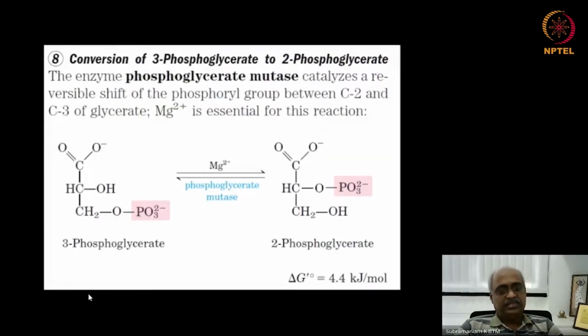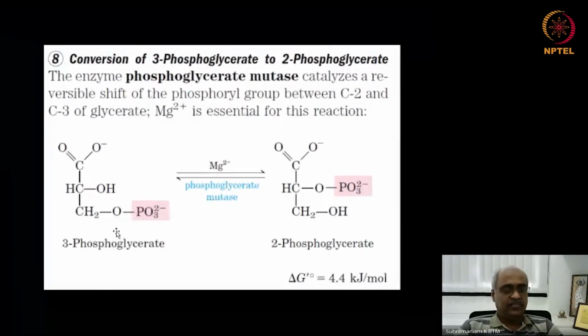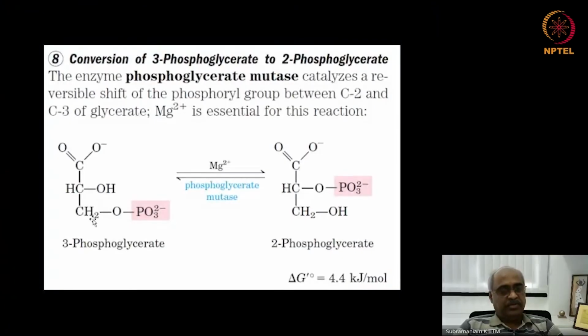And the next step is simply an isomerization where the ester is rearranged to the second carbon by a mutase, phosphoglycerate mutase, that converts 3-phosphoglycerate to 2-phosphoglycerate, which is very important for the progression of glycolysis, because the next step involves a reaction that will generate another energy-rich molecule.